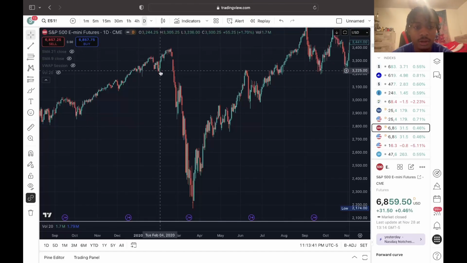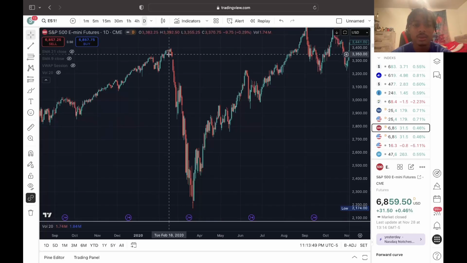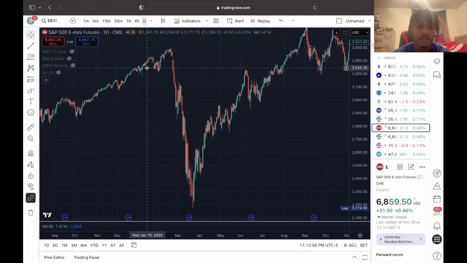So we have all of these lows right here, like 1, 2, 3, and so on, right? Whenever we have a change of character and we break one of these lows, since we know that uptrends consist of higher highs and higher lows, right?